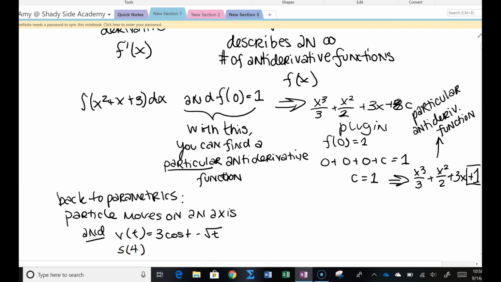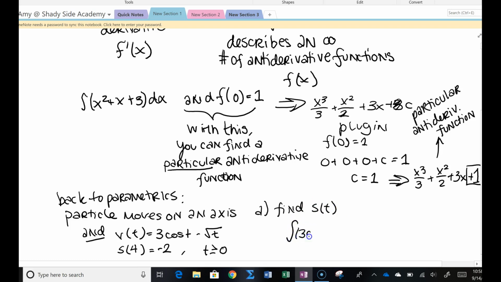If we're finding position from velocity, you want to take what action on the velocity function? You want to integrate it. We are going to take the indefinite integral of the velocity function 3 cos t minus root t.